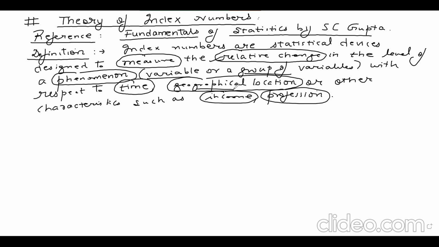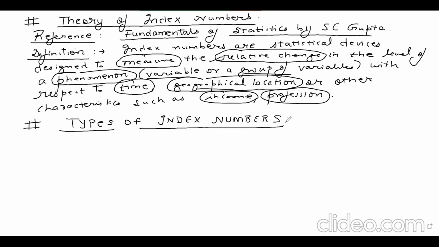Now let's quickly look at types of index numbers. This is again just theory. The first type is price index numbers.